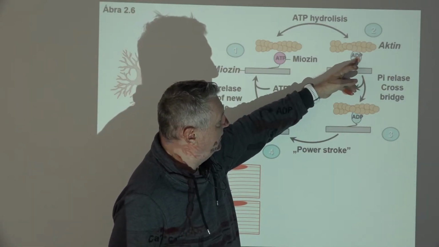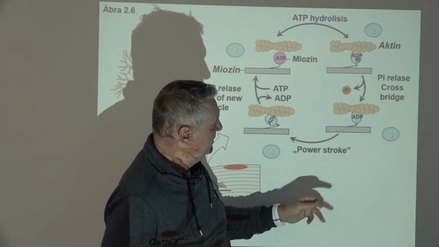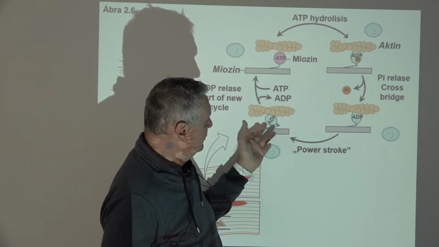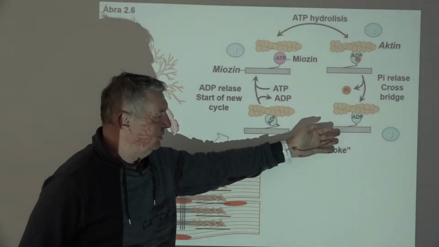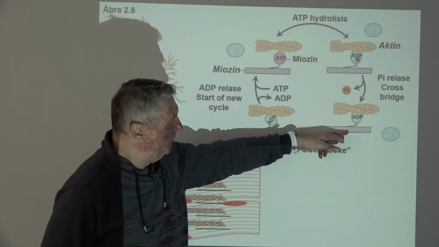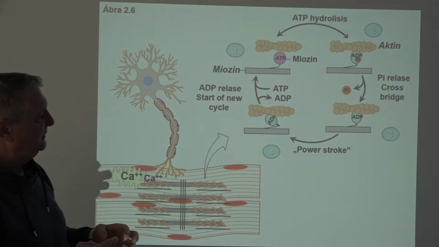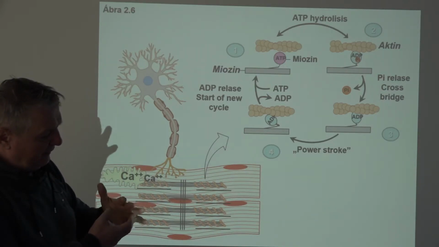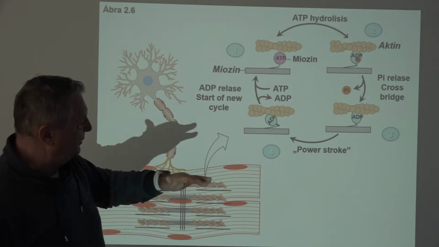So this is how it works, and you can see in this process, number one, relaxed state, attachment, then the ATP will be ADP, the inorganic phosphate will release, and this state is called power stroke. So in this situation, the attachment between myosin and actin will be the strongest one. In this situation, the actin and the myosin can pull each other.